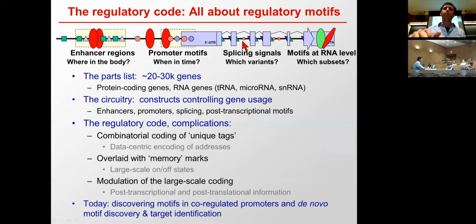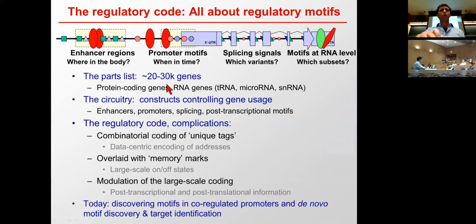They can be in the boundaries between different exons and introns, basically enabling the splicing regulators, many of which are RNA binding proteins or RNA binding RNAs, to bind and guide splicing. Some of them are post-transcriptional, and they guide the binding of microRNAs, which we talked about last time. And some of them are acting at very, very large distances. Some can act at millions or more nucleotides away by creating this looping interaction between this distal enhancer region that will then turn around and find these target promoter regions.